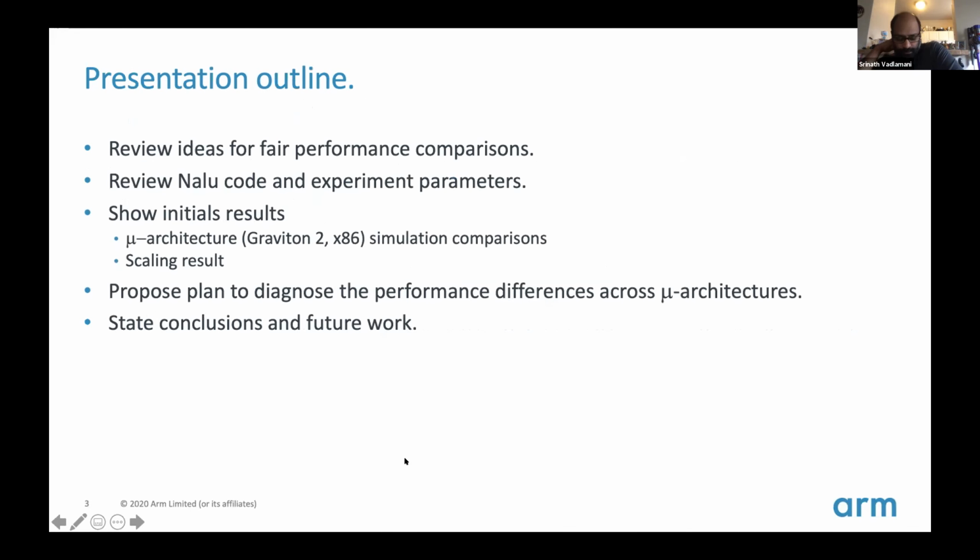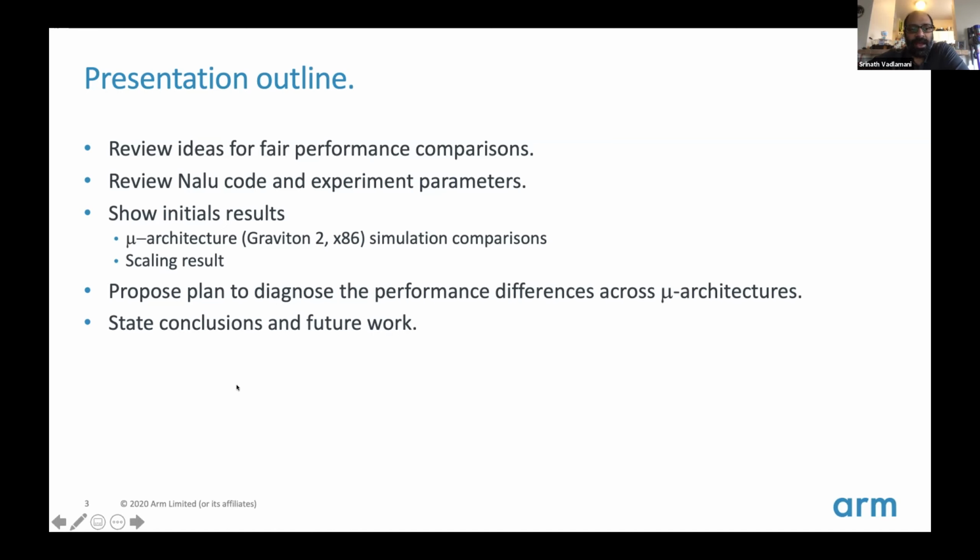So this presentation, as a quick outline, I'm going to propose a process on how to do fair comparisons between different architectures. And then I'm going to show you what Nalu is made up of, and particularly what experiment I'm using.